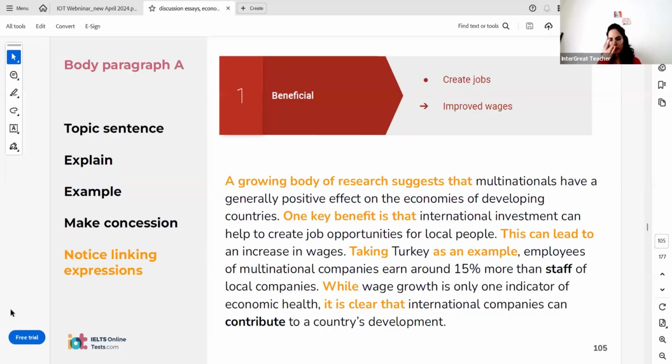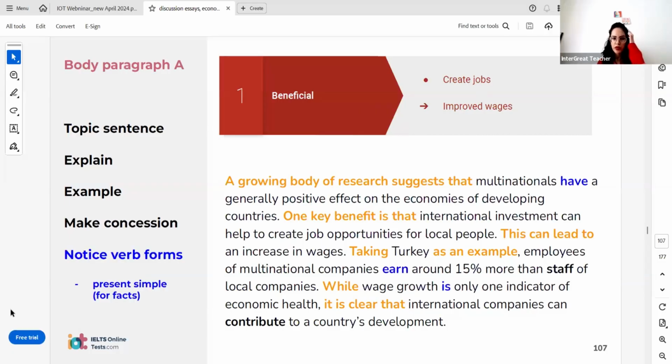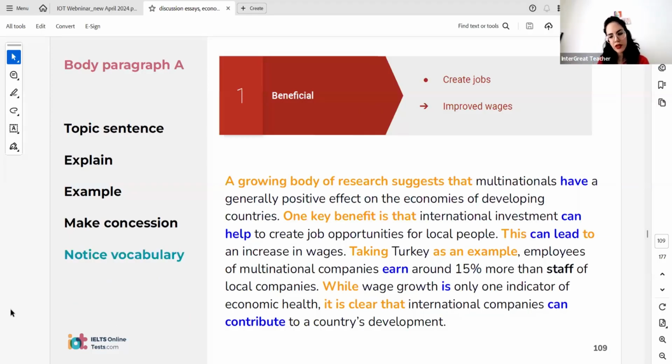Notice the linking words. I've already pointed them out. Notice the verb forms. I'm using simple present to describe facts. I'm using modal verbs such as can, in order to show the possible effect of something.